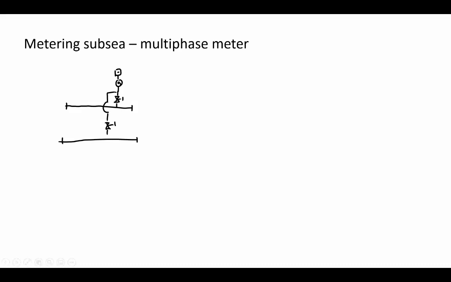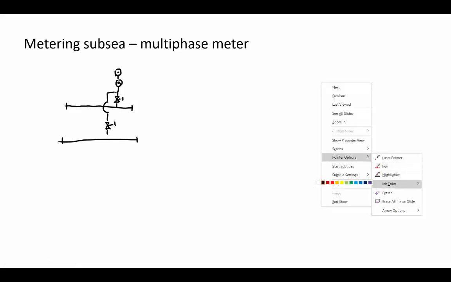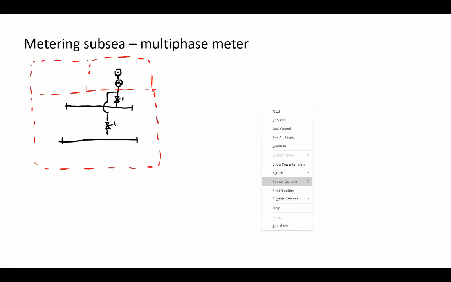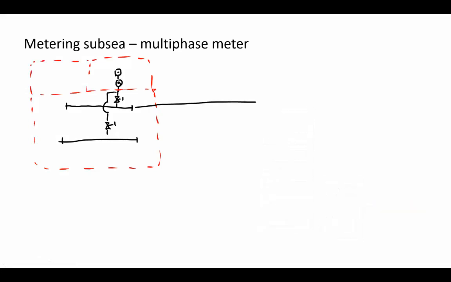The two can be used to split production to two lines, for example, but not to meter. In this case I have just one line that goes to my facilities. All of this is on the platform.